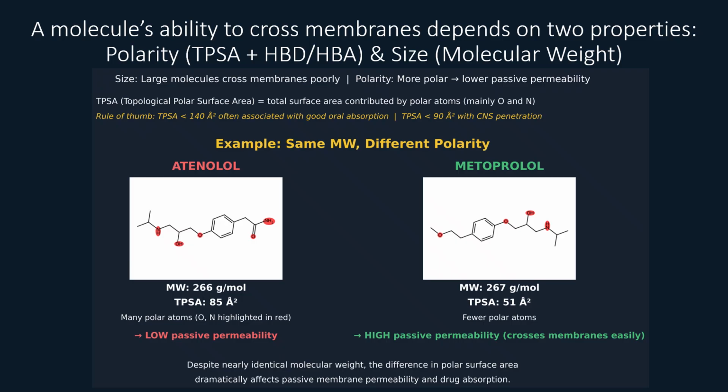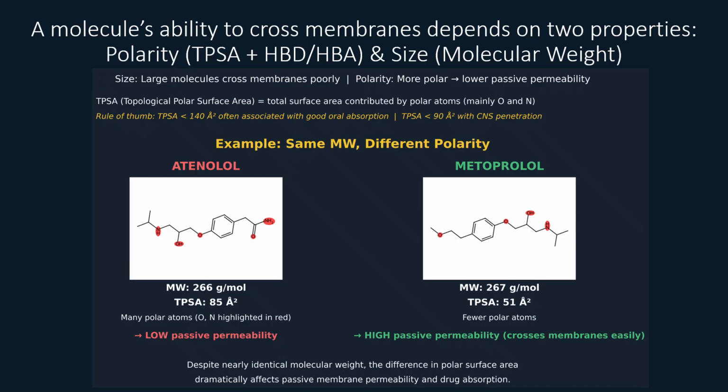Polarity arises from hydrogen bond donors and acceptors, and is summarized by the total polar surface area, TPSA. As polarity increases, through higher TPSA or more hydrogen bonding functionality, passive membrane permeability typically decreases.